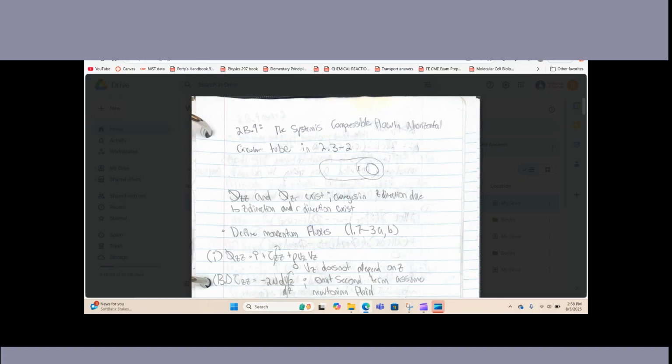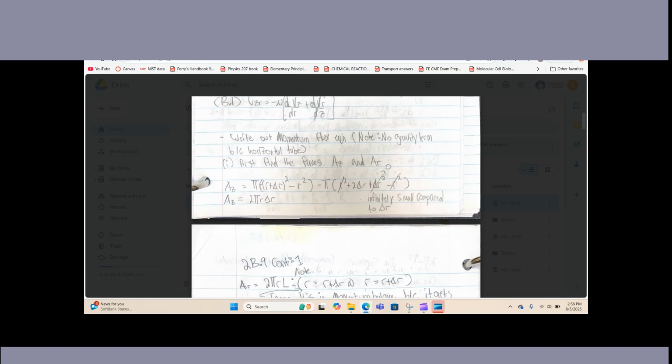The area of a circle is pi r squared, so you take this larger circle, which includes the smaller circle, and subtract the smaller circle from it to get the area in between. That's what I do for AZ: pi times the bigger radius squared minus the smaller radius squared, and then I multiply that out. Obviously, these two terms cancel, and then this delta r squared cancels because delta r is infinitely small.